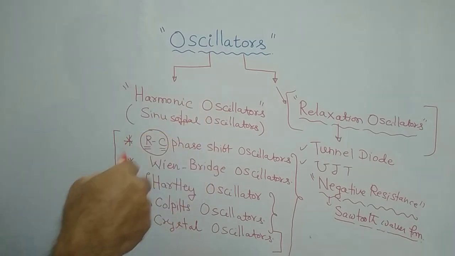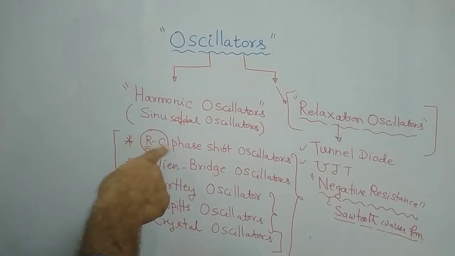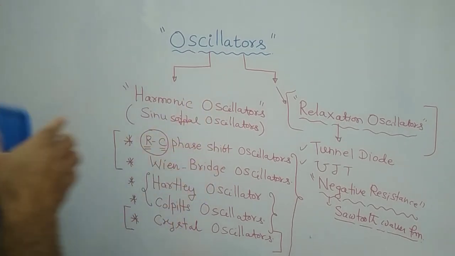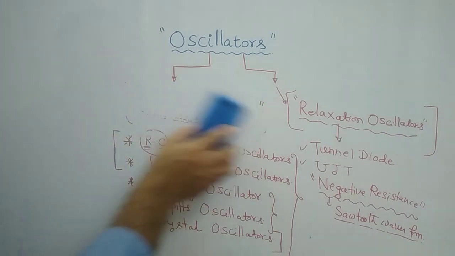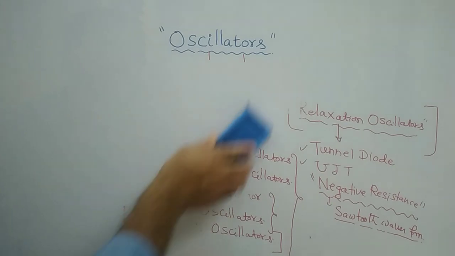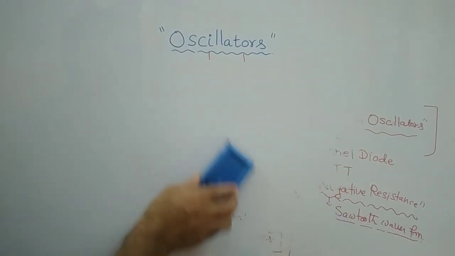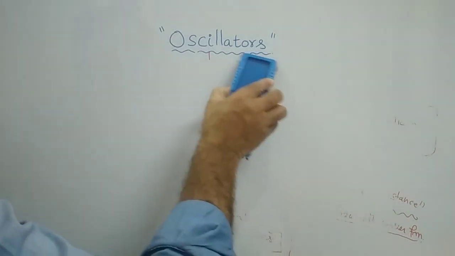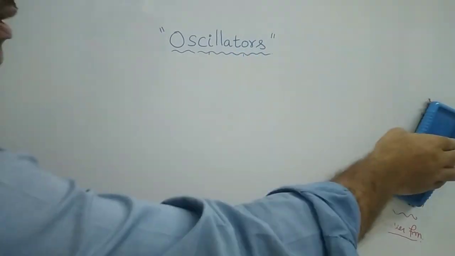For your information, I will just mention the expression now, and in the next presentation I will give the detailed information. Let us see the first one, the RC phase shift oscillator.